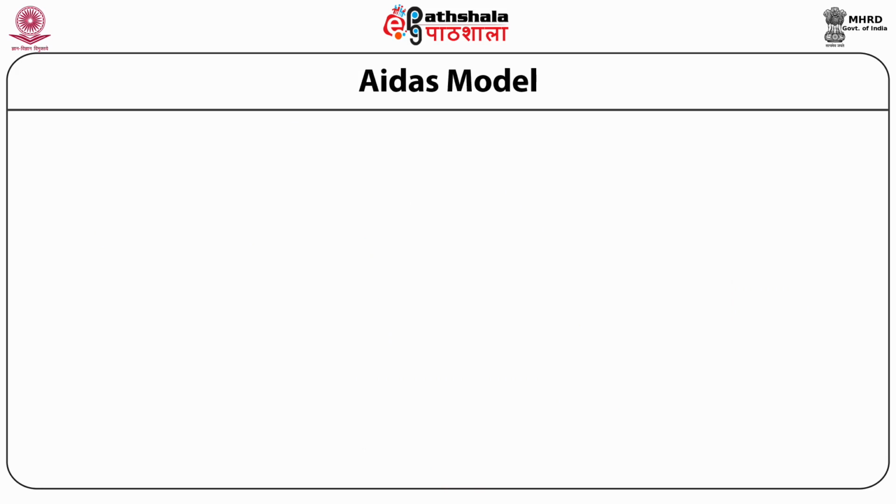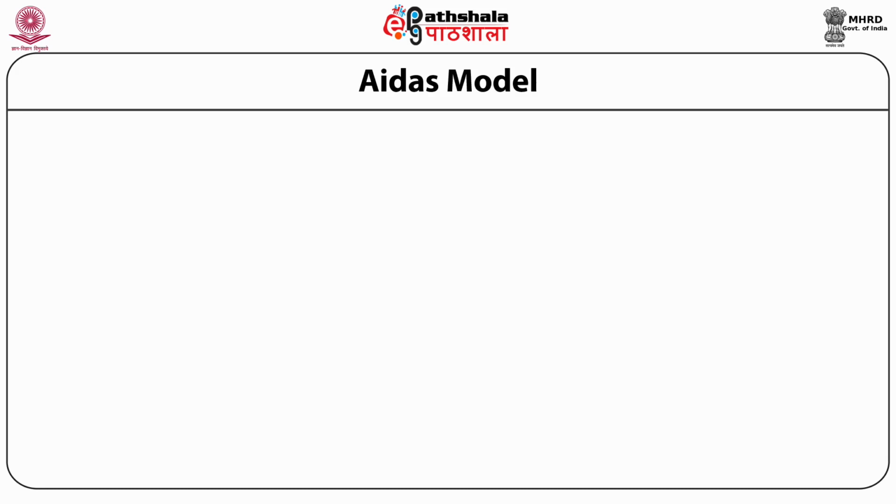So we must know, when we talk about personal selling, there is the AIDAS model. That is, A stands for attention, I stands for interest, D stands for desire, again A stands for action, and S stands for satisfaction.